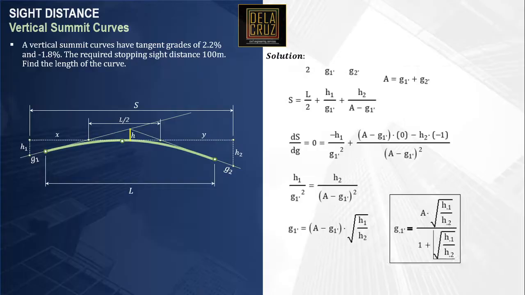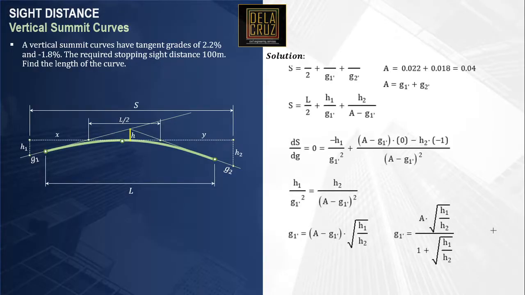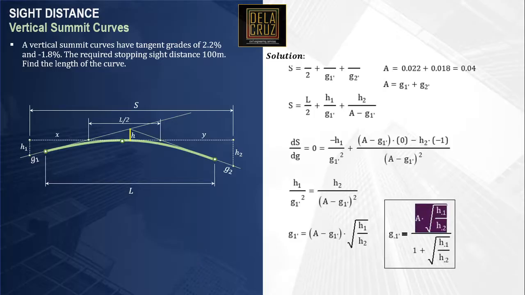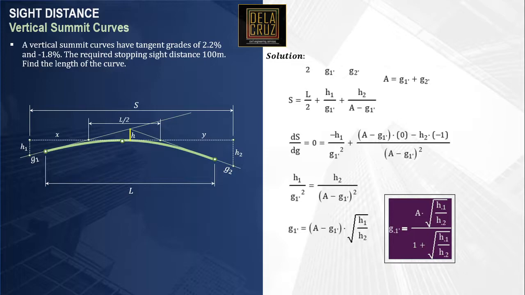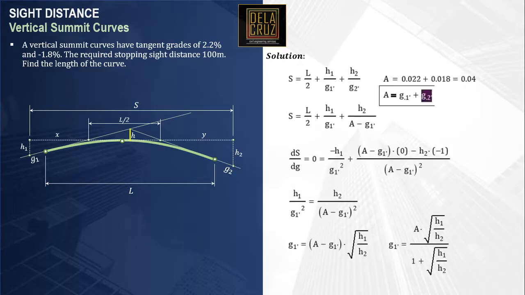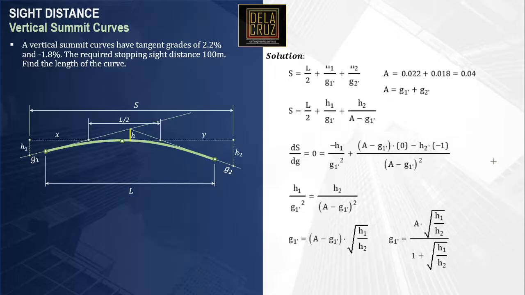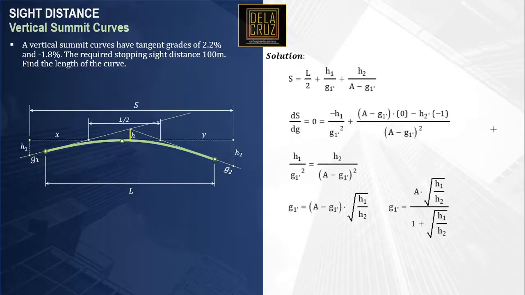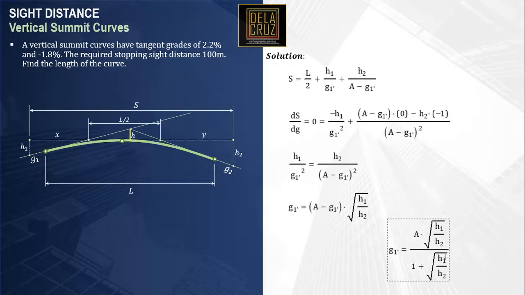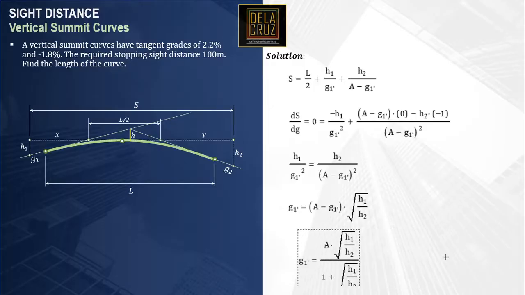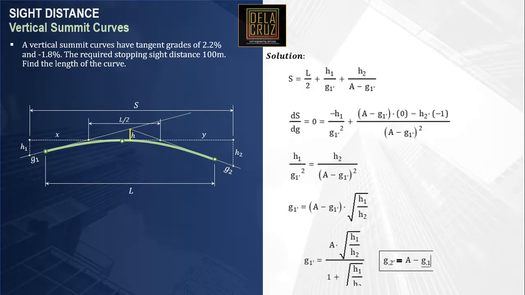Just recall algebra. And also we have here a little calculus. So this is our G1. You can simplify this further, but I will not do it here. So we have our G1 prime. And take note, we can also have our G2 prime expressed to A. Remember that G2 prime is equal to A minus G1 prime.